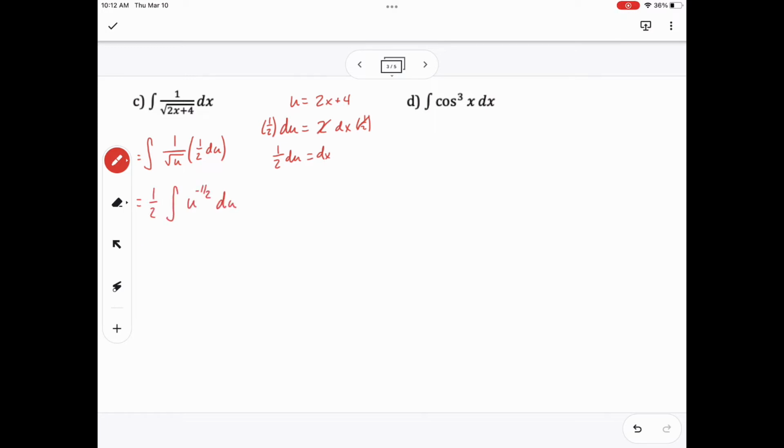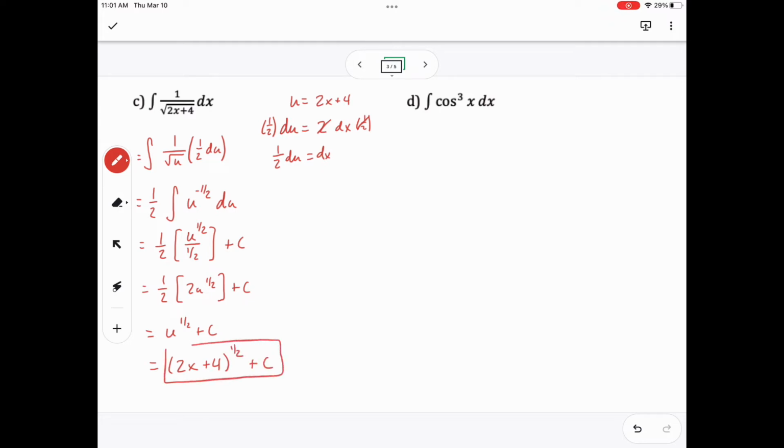I can rewrite 1 divided by the square root of u as u to the negative 1/2, and then take the antiderivative of that, which gets me u to the 1/2, and then the 1/2 and 2 cancel to get just u to the 1/2. Then plugging in u for what it originally was, which is 2x plus 4, I get my final answer for letter C.